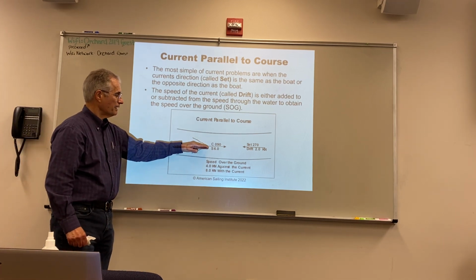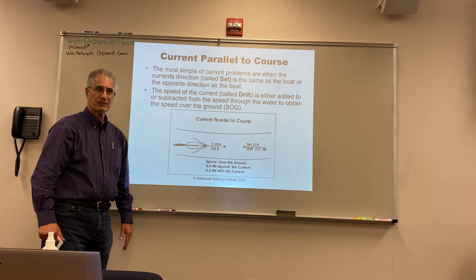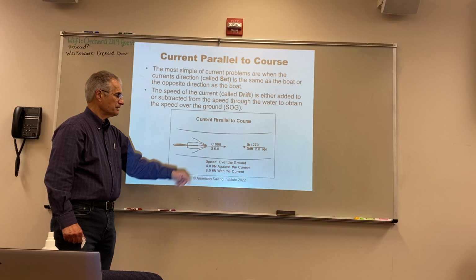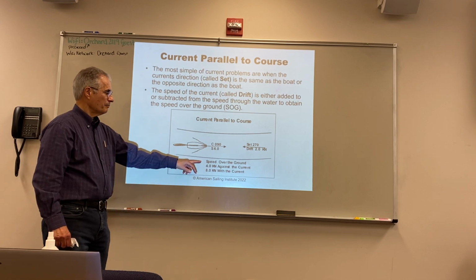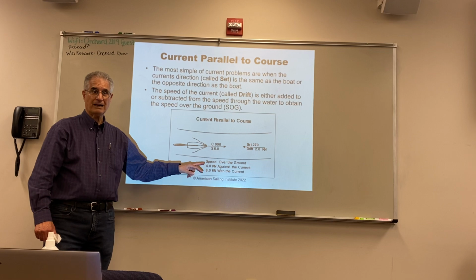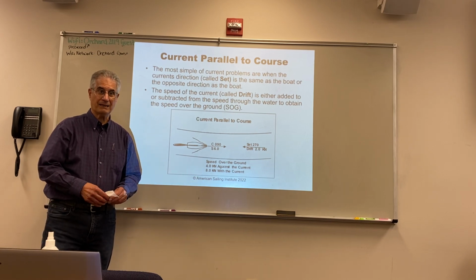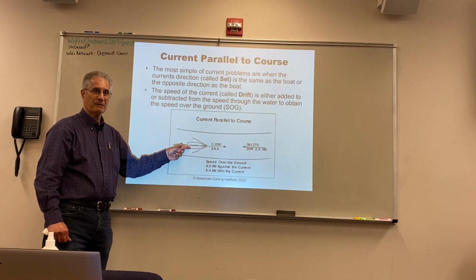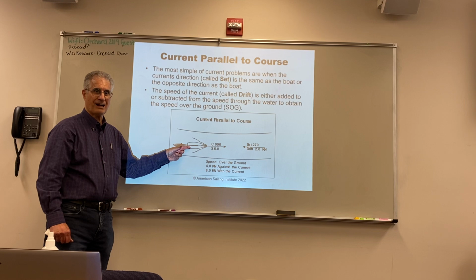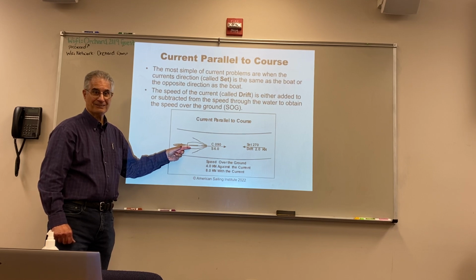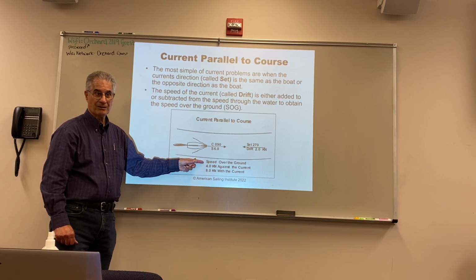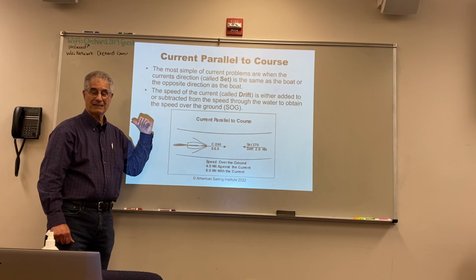So if I'm in a boat and I'm headed just opposite, right at it, at a course of 090 and a speed of 6 knots, my speed over ground, in other words the actual progress I'm making, is what? A knot meter on my boat is going to read 6 knots, but I'm not going 6 knots. I'm actually making progress, speed over ground, of only 4 knots, because the current's going against me.